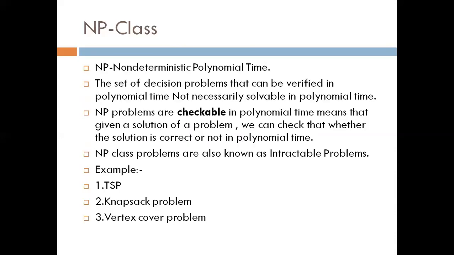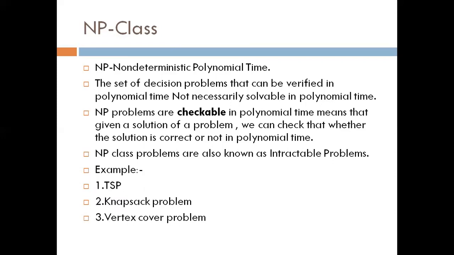Next is the NP class problem. NP stands for non-deterministic polynomial time. It is the set of decision problems that can be verified in polynomial time, not necessarily solvable in polynomial time.